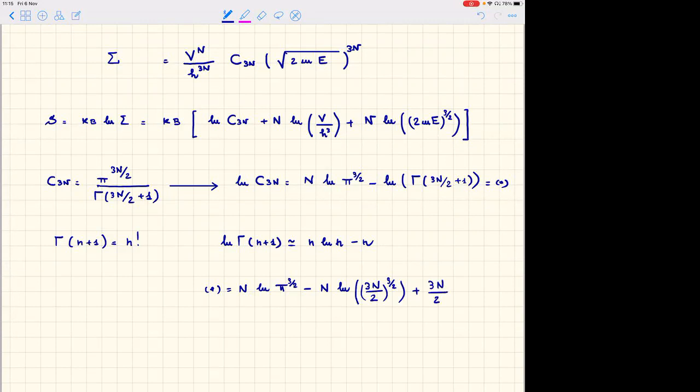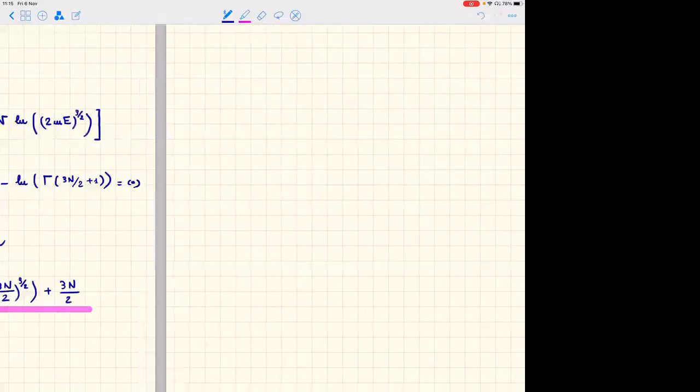You agree? I think it's correct. All right, so now if you take this expression here, plug it in here, and do all the algebra, which I leave you as an exercise, then you should be obtaining the following.